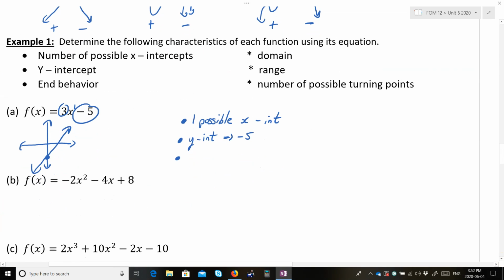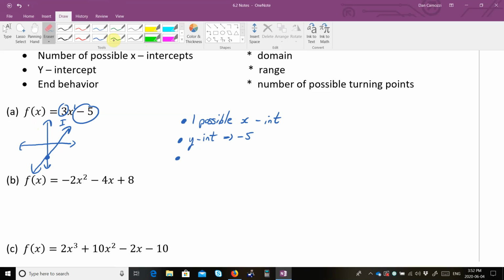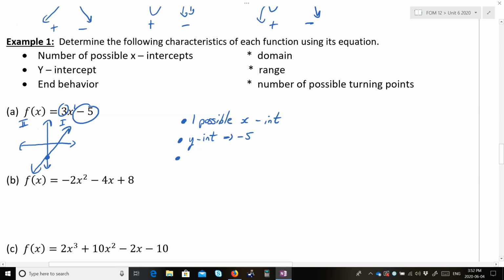And so then we can do its end behavior. We can see this moves from 3 to 1.